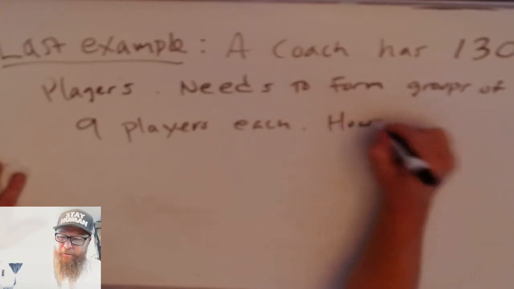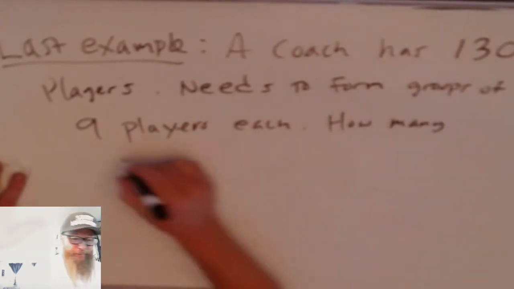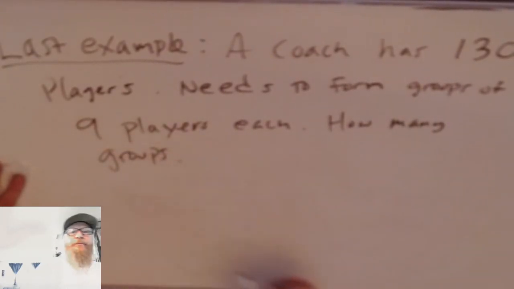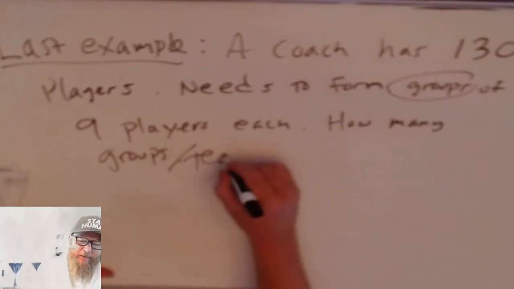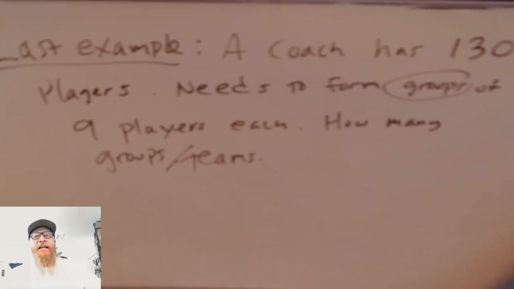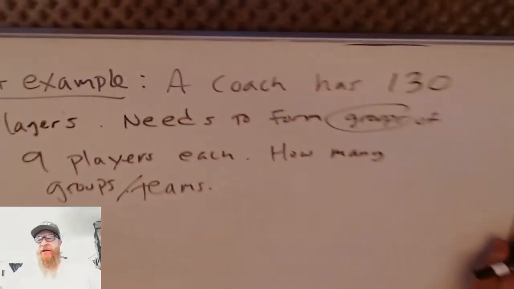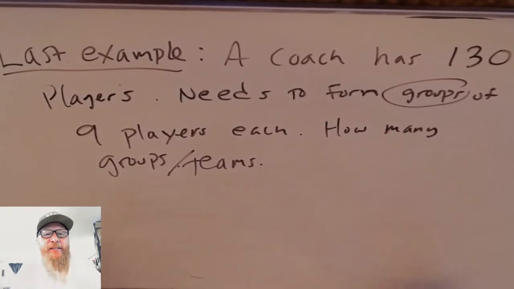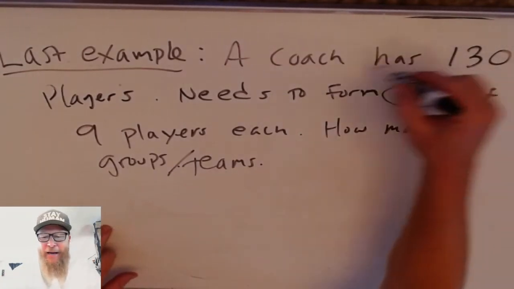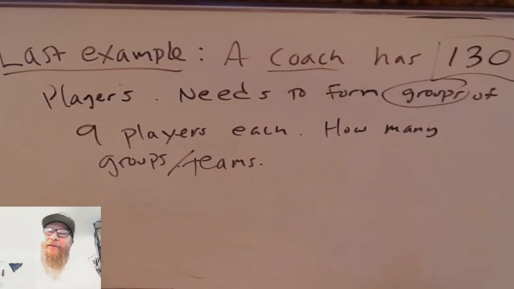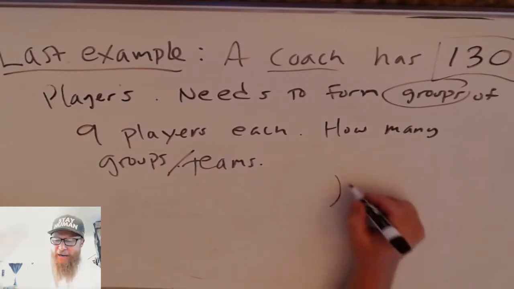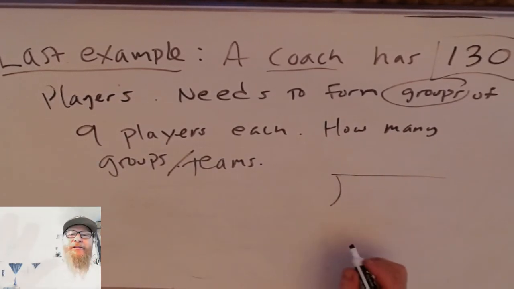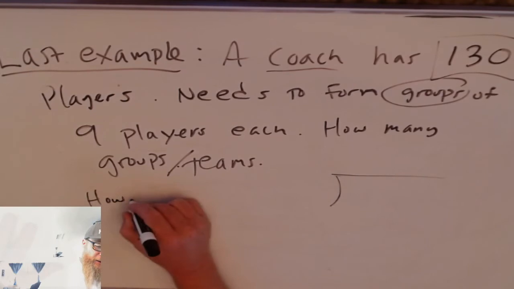How many groups will there be? You can think of the groups as teams. We're going to have teams of 9 out of 130 people. It's a big class, a university PE class or something, and they got 130 people, all showing up on the football field. We're going to form groups of 9. How many teams? How many are left over?